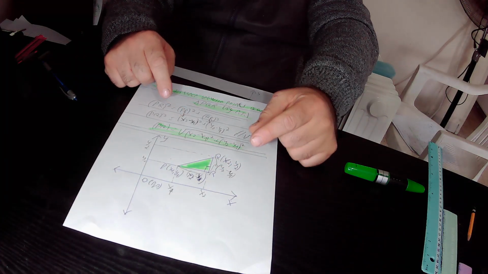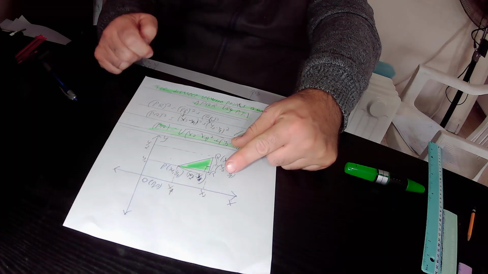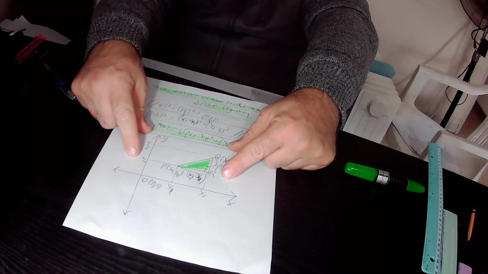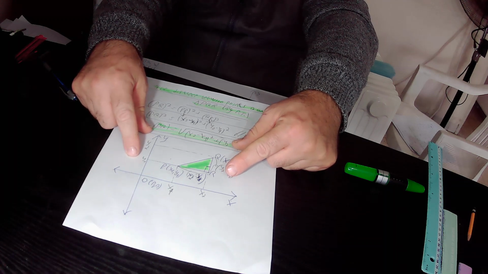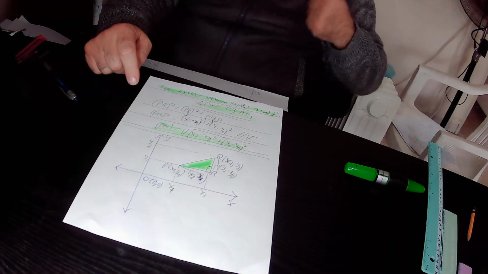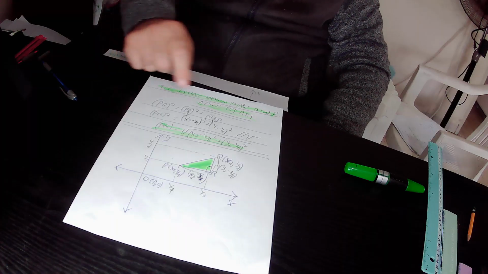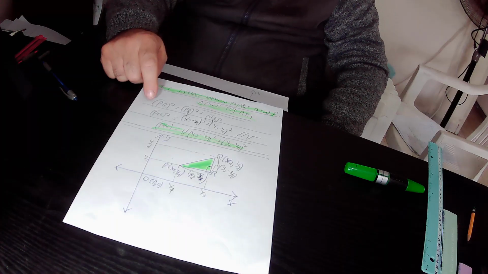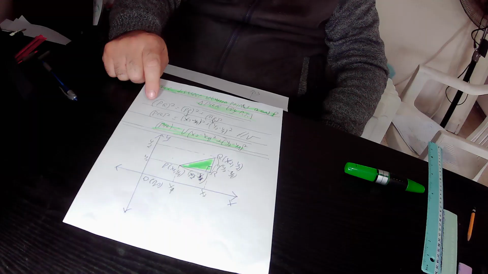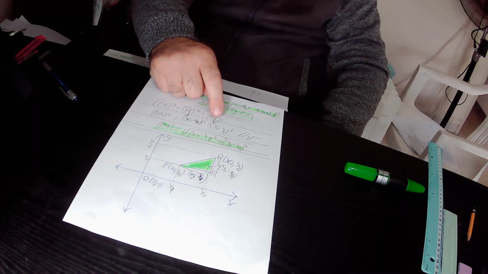Plus QR square. What is the length of QR? QR equals y2 minus y1, and therefore QR square equals y2 minus y1 square. So in total we found that PQ square equals x2 minus x1 square plus y2 minus y1 square.